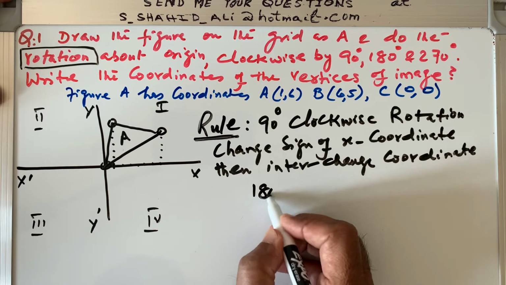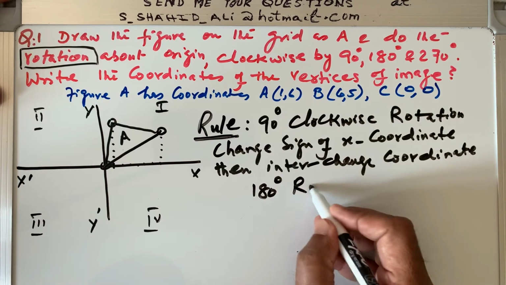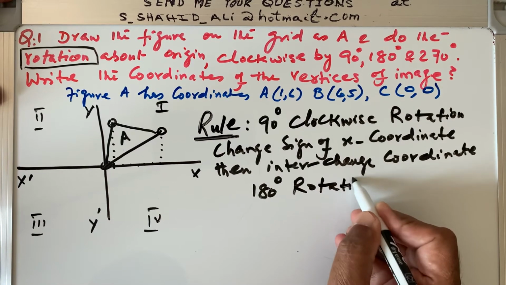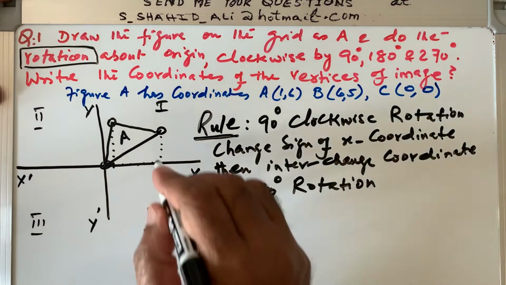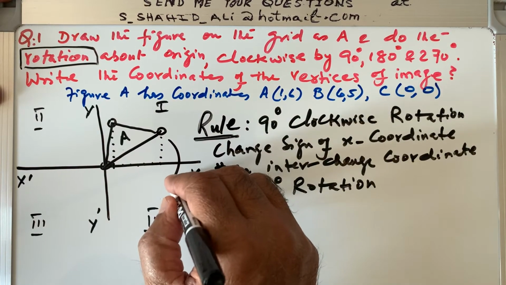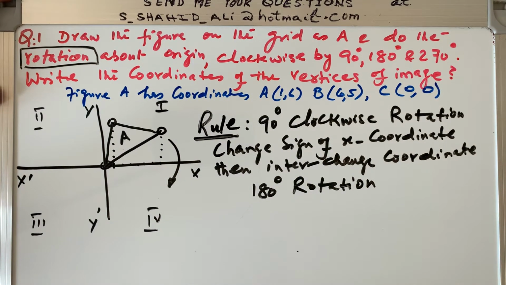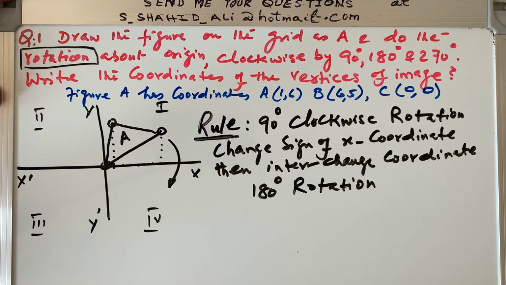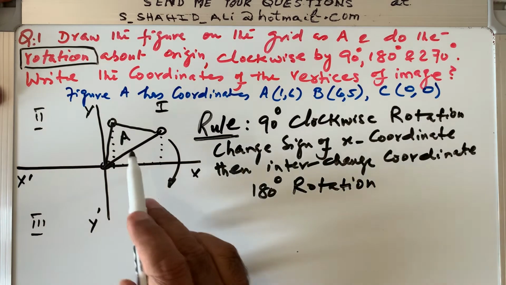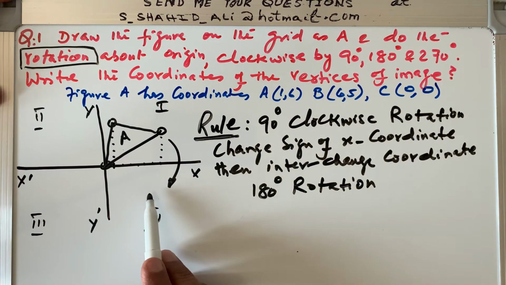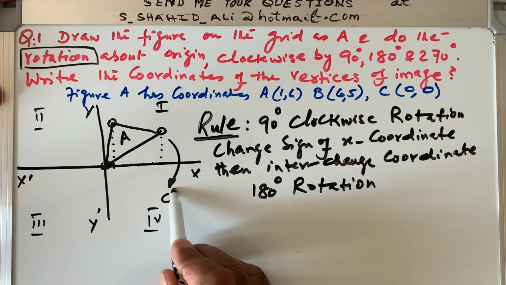So for 180 rotation, all clockwise we are discussing, right? Clockwise is this direction, right? So we are going from the first quadrant to the fourth quadrant. So 90 degree is first quadrant to fourth quadrant, right? This is the clockwise direction.